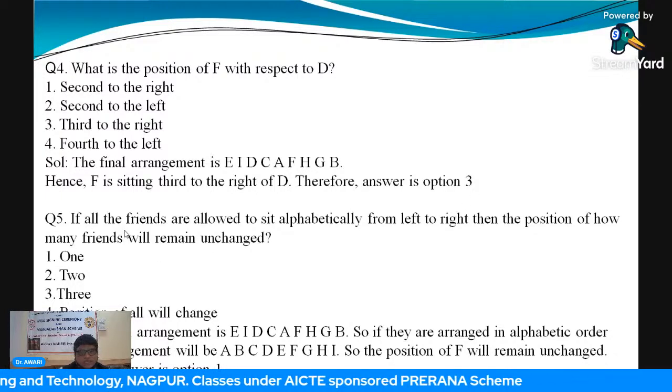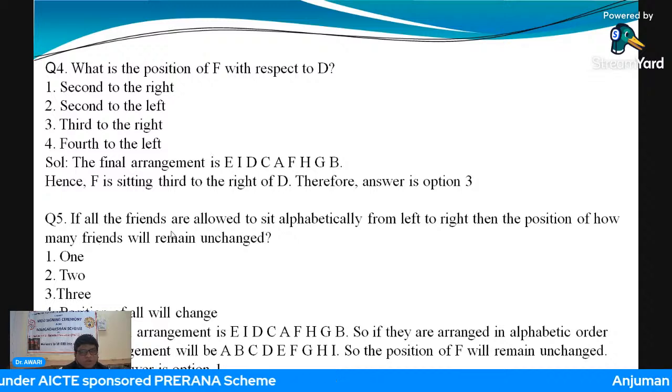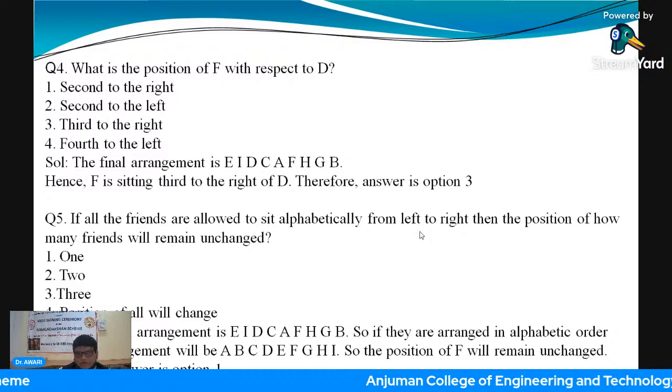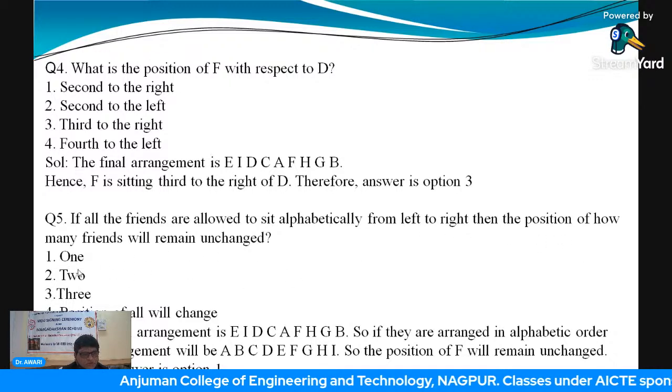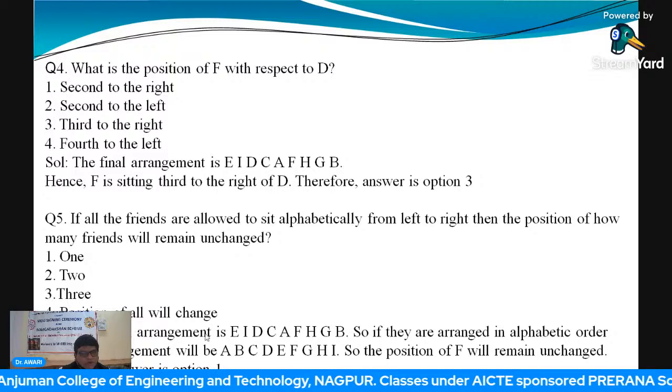If all the friends are allowed to sit alphabetically from left to right, then the positions of how many friends will remain unchanged? 1, 2, or 3, or positions of all will change.